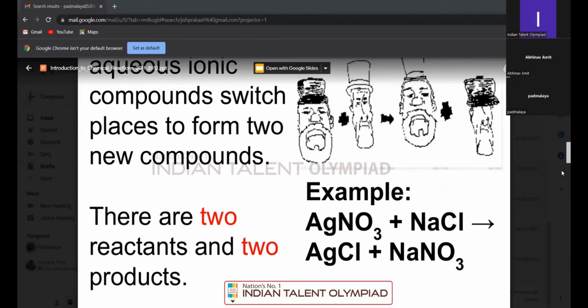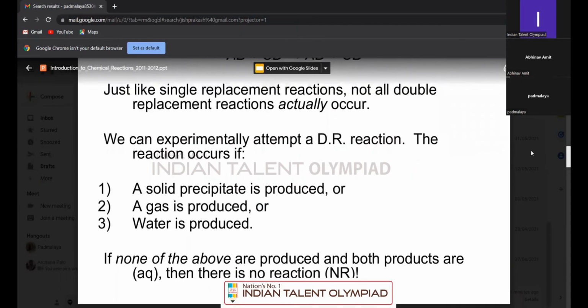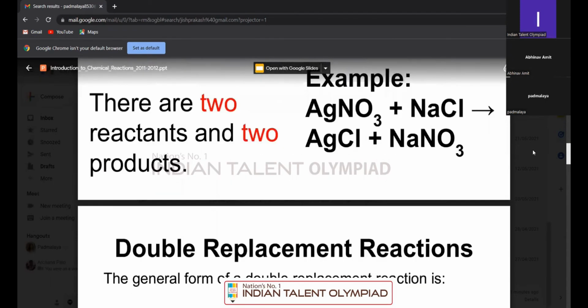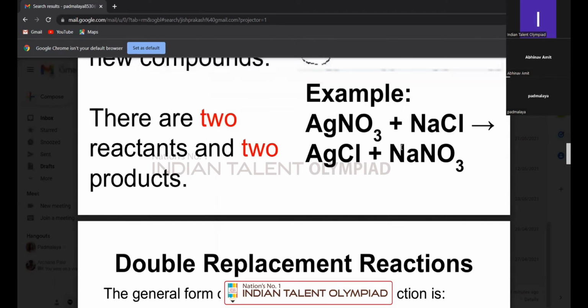So this type of reaction, we call it a double displacement reaction. Some of the double displacement reactions are accompanied by precipitate formation, gas evolution, and water formation. See here, AgCl and sodium nitrate, both are soluble in water.